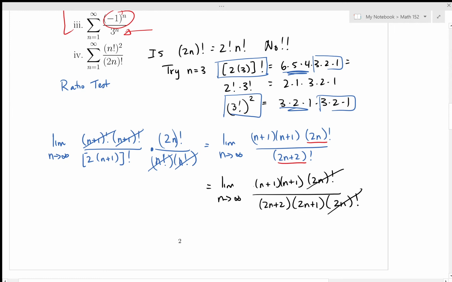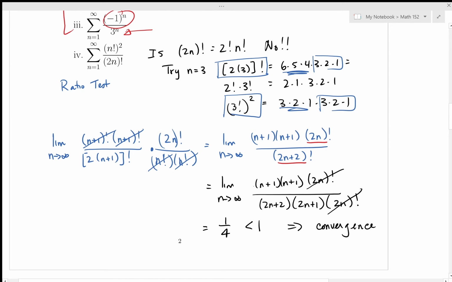Now I've got the limit down to a second degree polynomial, so I can use the ratio of the leading coefficients. In the numerator that's going to be 1, and in the denominator that is going to be 4. So this limit will be equal to 1/4, and that is less than 1, and that tells us convergence.